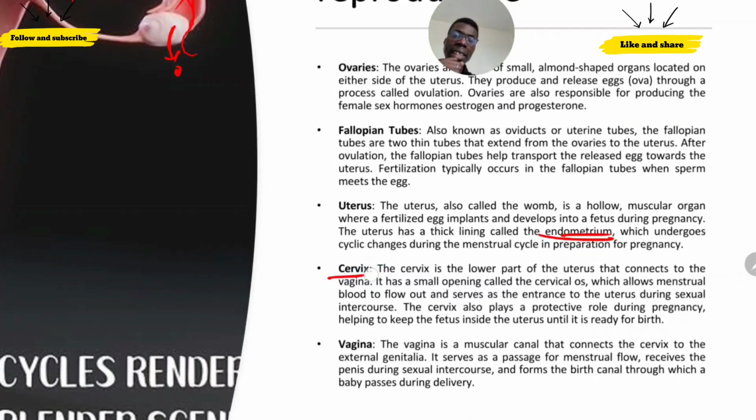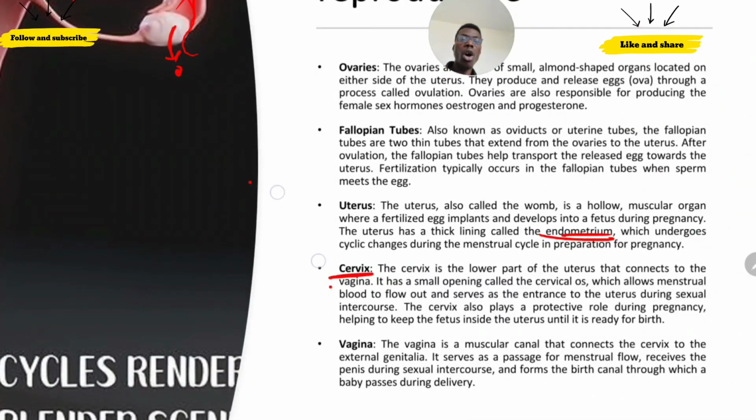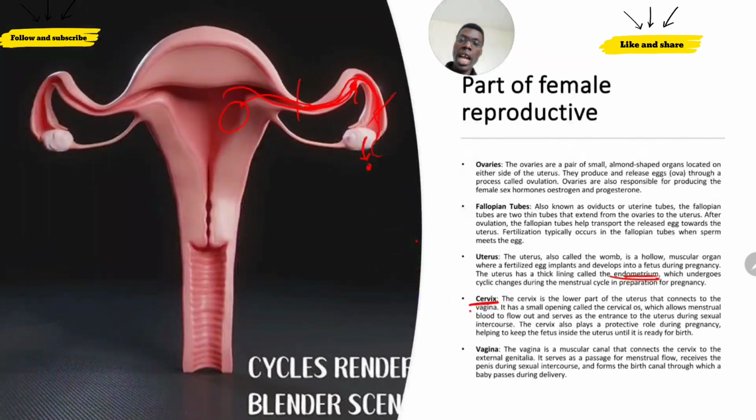The next guy on the list is the cervix. Usually, people don't always take cognizance of the word cervix, because it does a lot of functions. Let me say two things here. Number one, this cervix becomes tight when a woman is pregnant, so that it will prevent the baby from coming downwards. Number two, this same cervix becomes very important during childbearing.